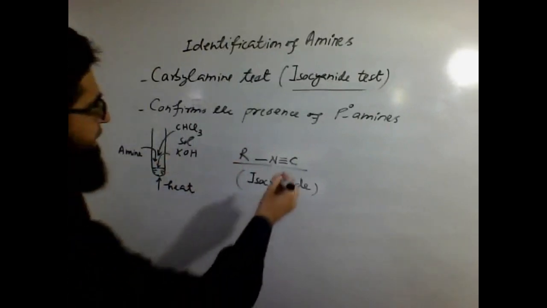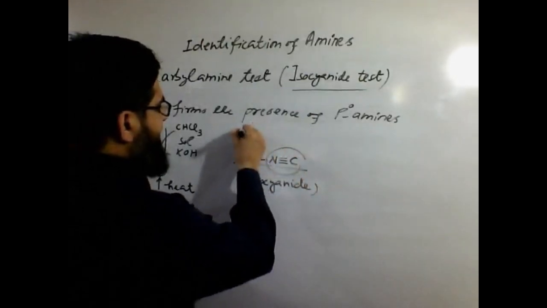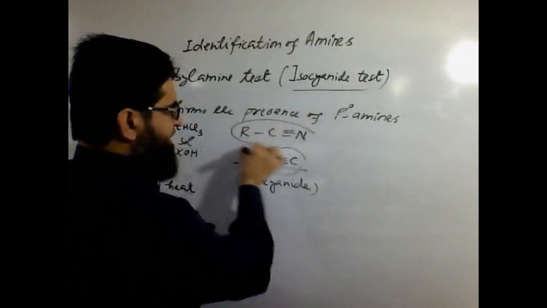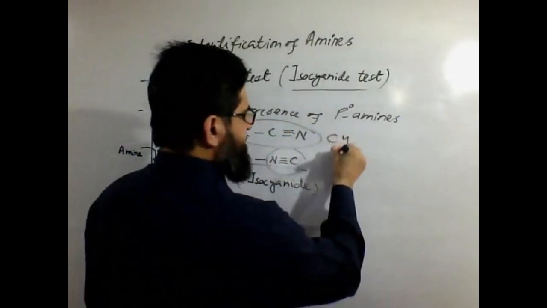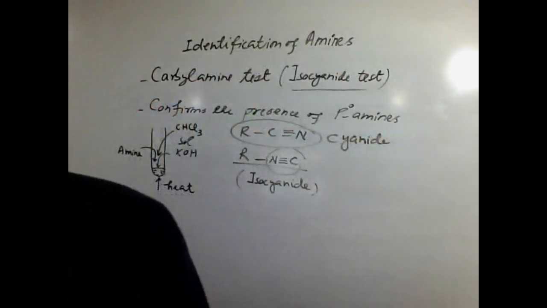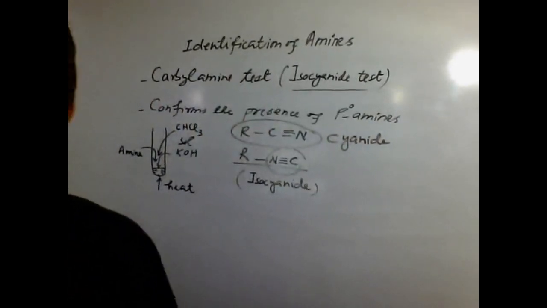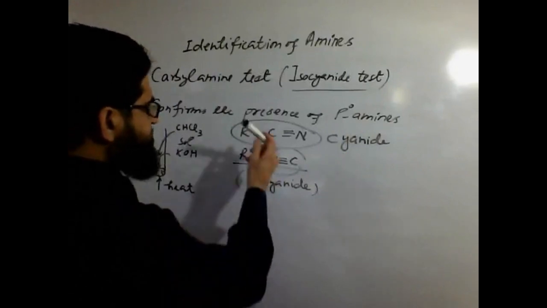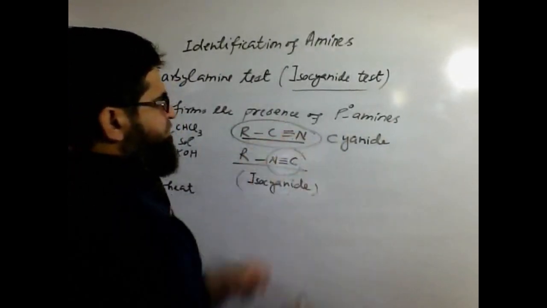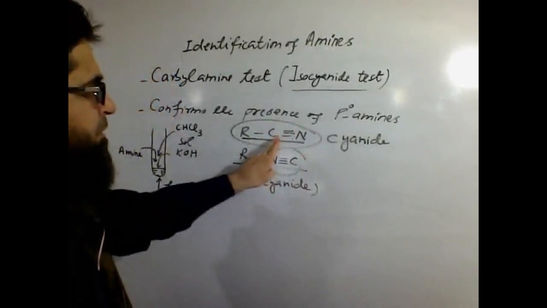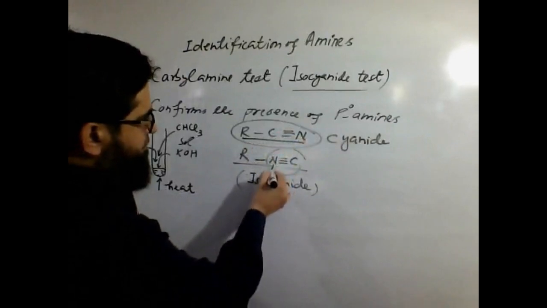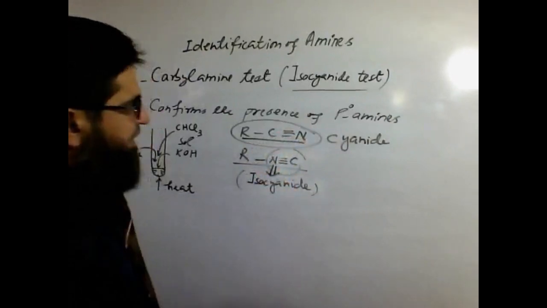This is called an isocyanide. We have an idea that such compounds are called cyanides. However, with the shuffling of the position of the carbon and nitrogen, the compound is called an isocyanide.